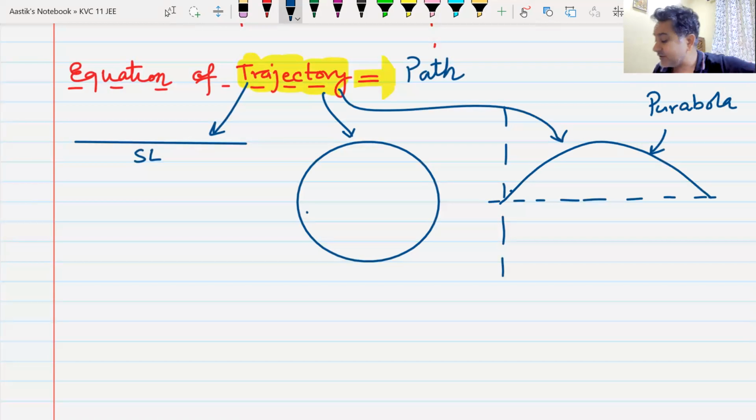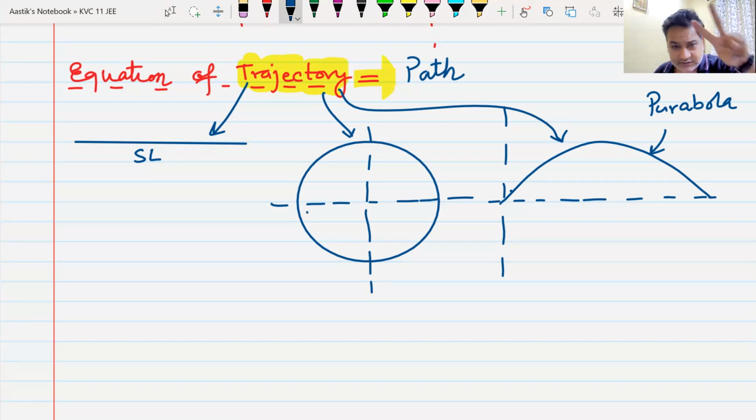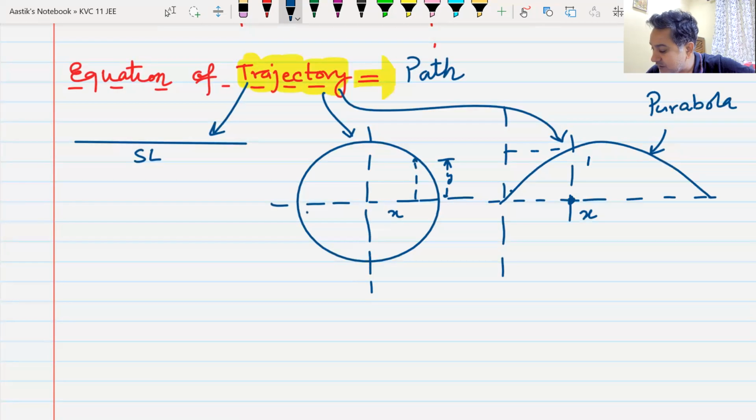These all are trajectories. Now, as soon as we talk about trajectories and we are talking about a two-dimensional thing, this trajectory or this path is in two dimensions. So at any point, it will have some value of x and it will have some value of y.